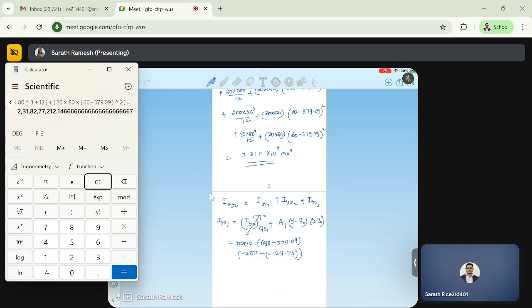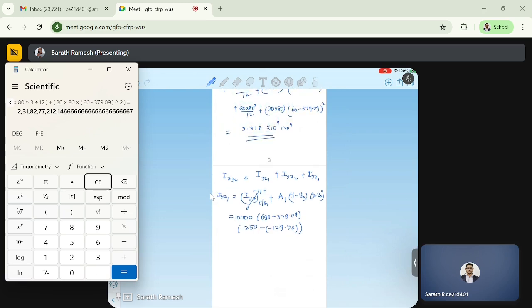So this will give us the value of IYZ1, which is (690 minus 379.09) times 10,000 times (minus 250 plus 129.74).